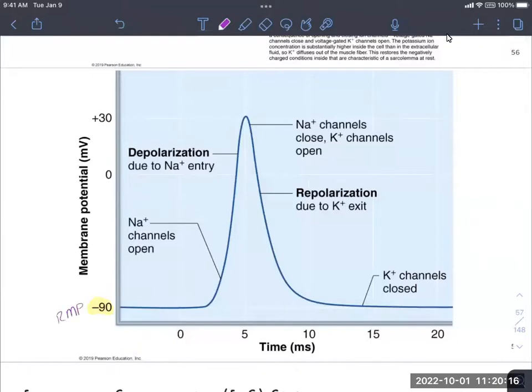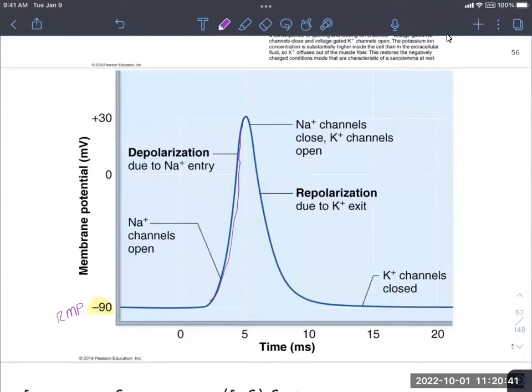A bunch of acetylcholine attaches to those ligands on those chemically gated ion channels, and it's allowing all those sodium channels to open. Lots of sodium comes in. Our cell becomes depolarized because we have so much sodium in there. Our cell becomes so positive.